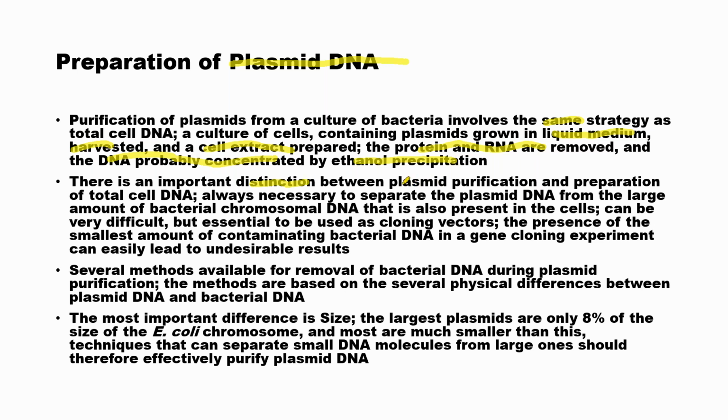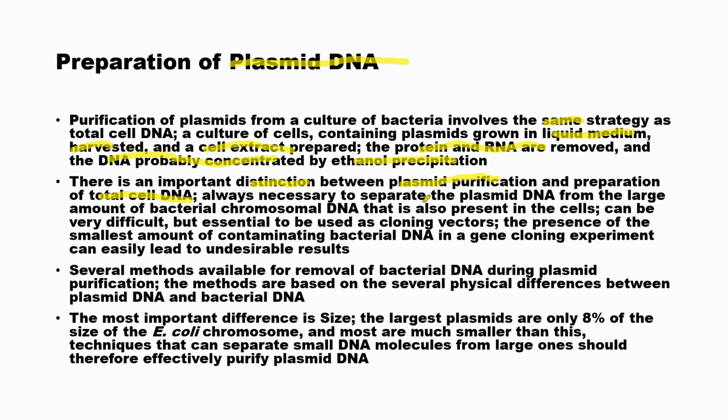Okay, now there is an important distinction between plasmid DNA and the preparation of total DNA. Here we are going to do plasmid purification and not total cell DNA. When we take the total cell DNA of a bacterium, it consists of chromosomal DNA, which is the main genetic material of the bacterium, plus plasmid DNA. Whereas when we are going for preparation of only plasmid DNA, we will remove the chromosomal DNA. Clear?